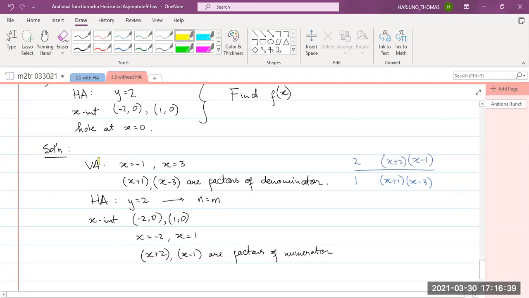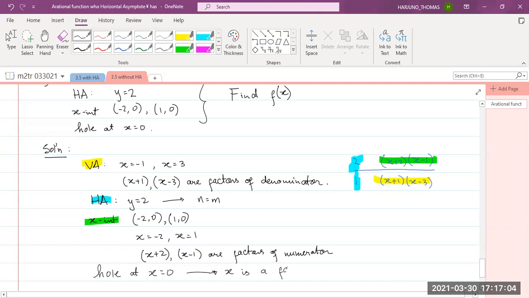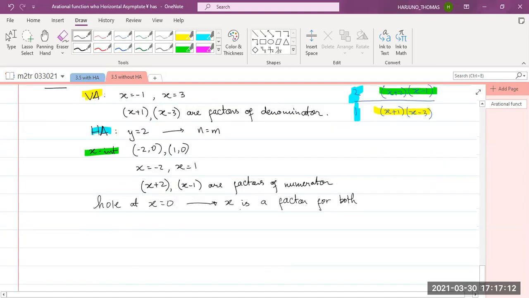Let me color that. Vertical asymptote gives us this. Horizontal asymptote gives us this. X-intercept gives us this. But we still have extra information. We have a hole at x equals 0, which means x is a factor of both the numerator and denominator.